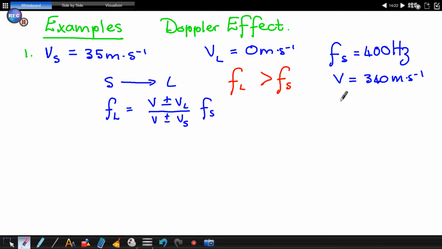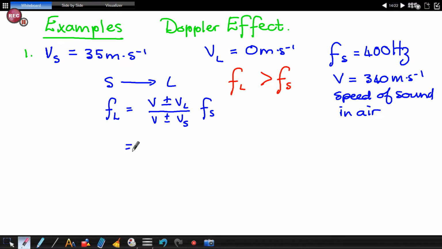It depends on the temperature and the air pressure and all those things. So this is the speed of sound in air. The average speed of sound in air.